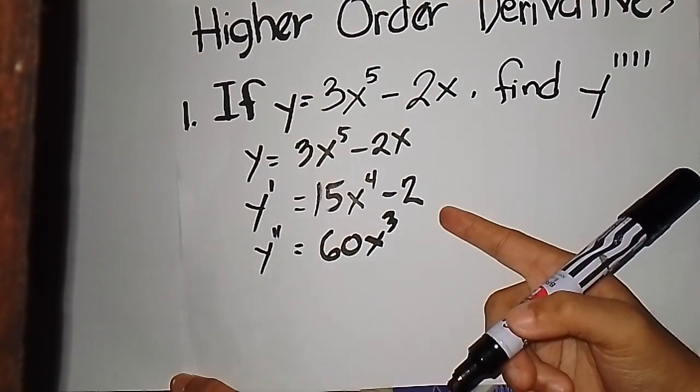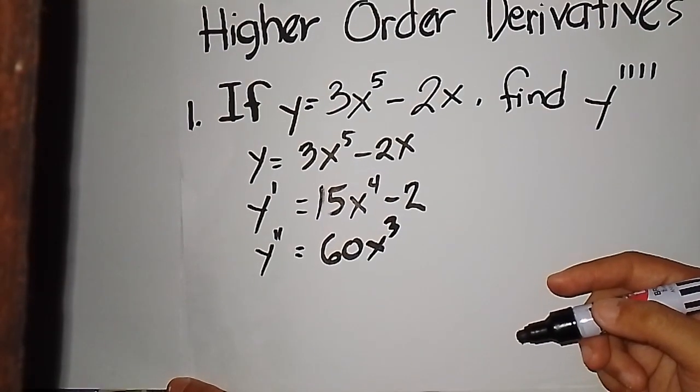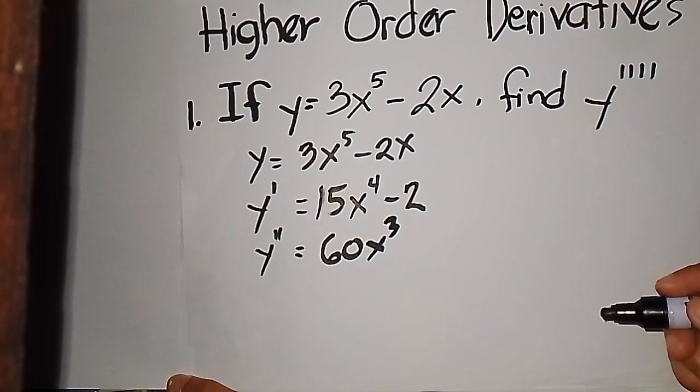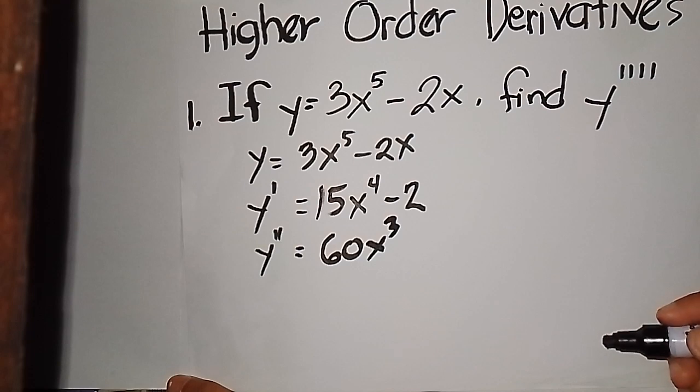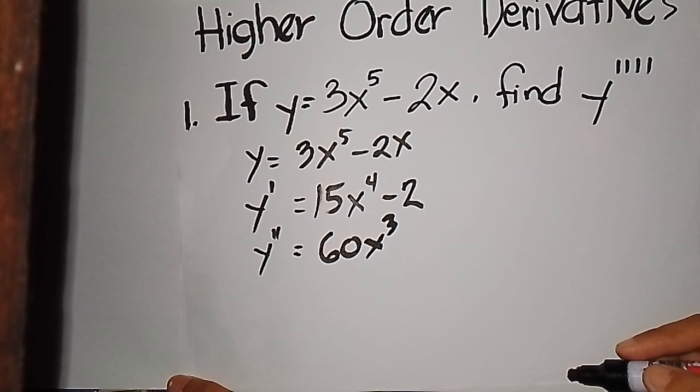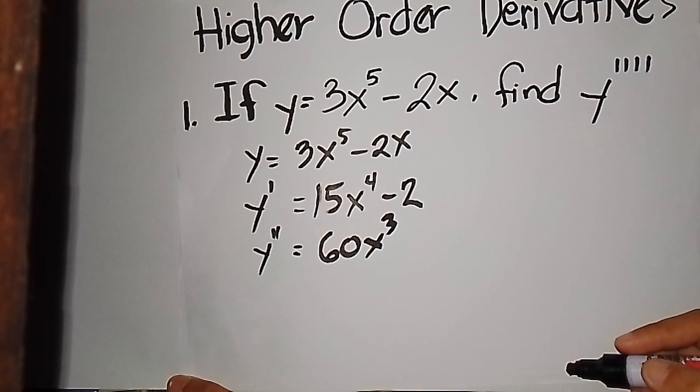Since this is a constant, we know that the constant rule says any constant will always be equal to 0. So we just leave it there. 60x raised to 3. So we already have the second derivative.